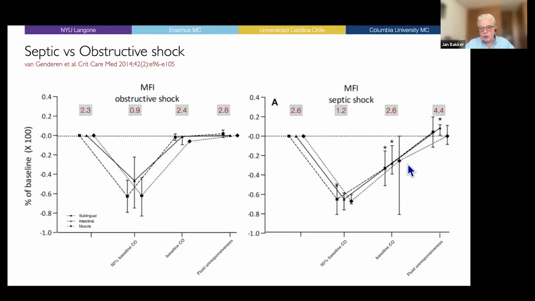And if you resuscitate, the microcirculation, this is all microcirculation, doesn't come back, neither in the sublingual area, the intestinal area, or in the muscle. And it takes much more time. Now, this is an acute model with only a few hours.